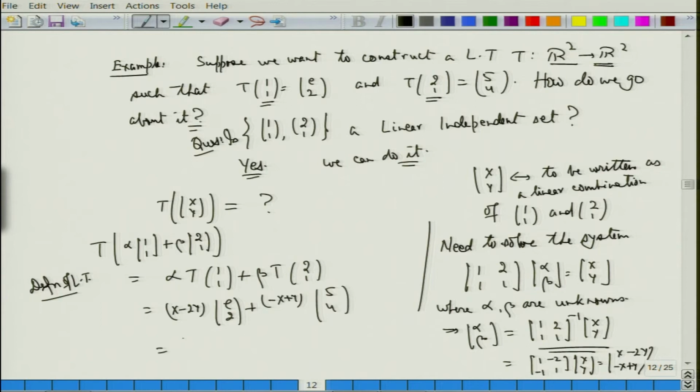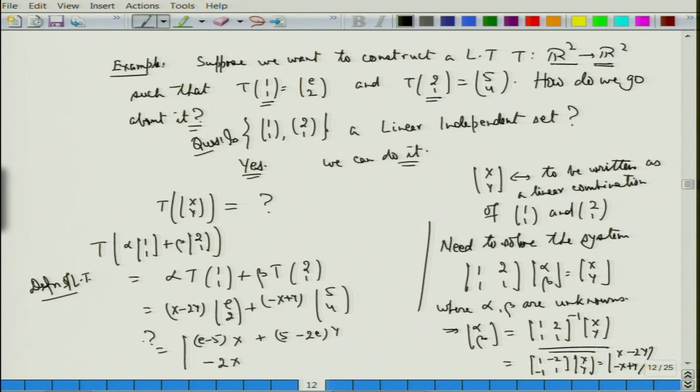So, I get this as: x is coming with e. What are the coefficients of x? (e minus 5) times x, and y is (5 minus 2e), so plus (5 minus 2e) times y. Then here again, x is 2 minus 4, so minus 2x, I hope.